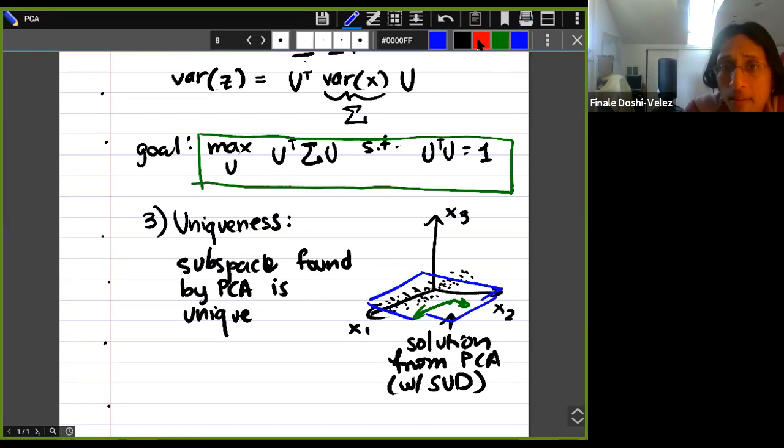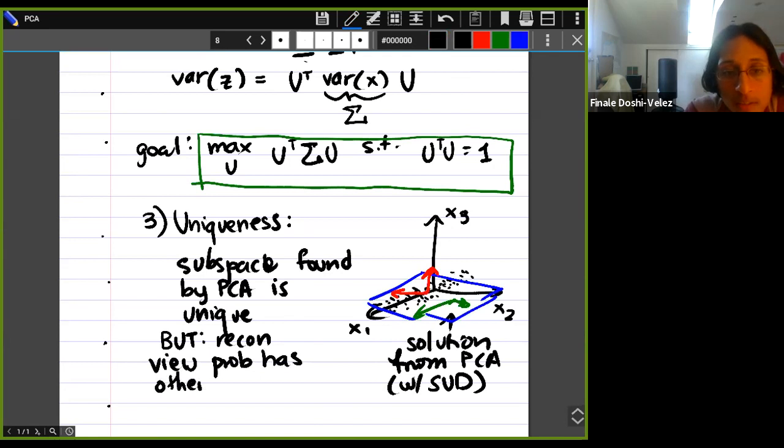That said, we could have chosen another set of orthogonal dimensions like this, and that would have still solved the reconstruction problem. But the reconstruction problem has other solutions that are orthonormal, that are equally good.